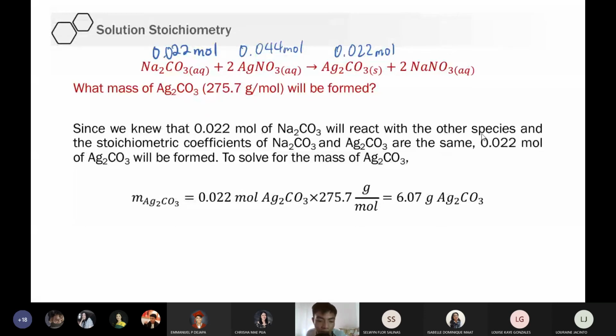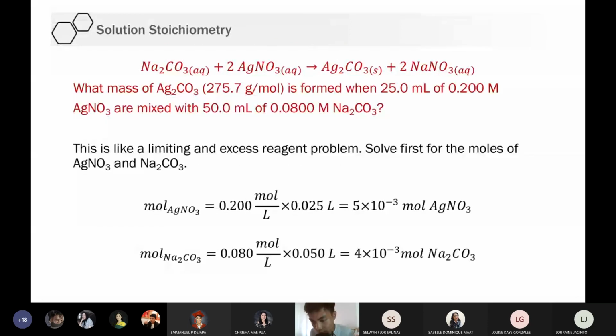Next one, ito, may idinagdag na tayong additional info dito. Anong idinagdag nating additional info? The use of molarity. Okay? So let's look at this example here. What mass of silver carbonate is formed when 25 ml of 0.2 molar silver nitrate are mixed with 50 ml of 0.08 molar sodium carbonate?